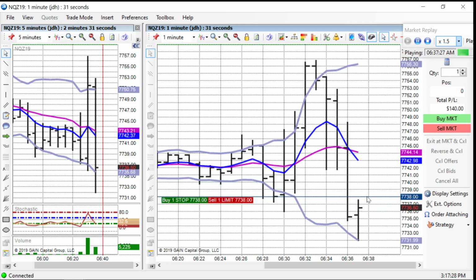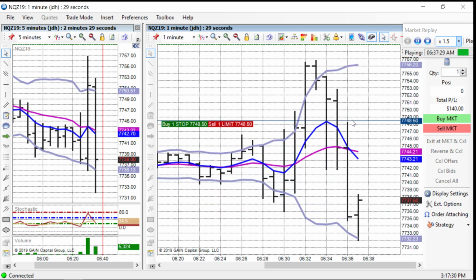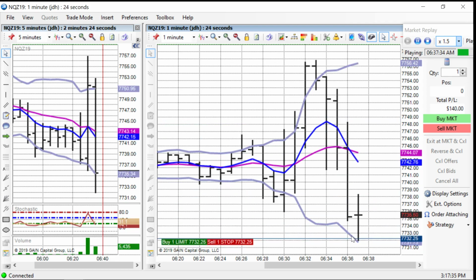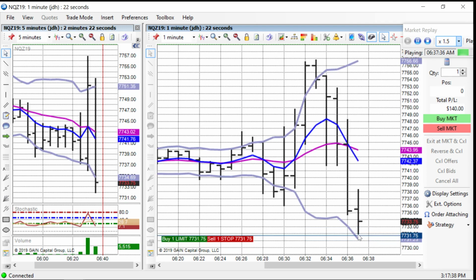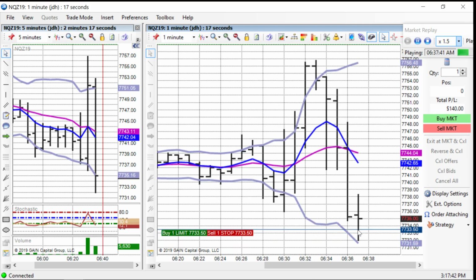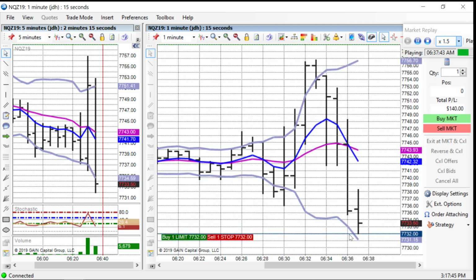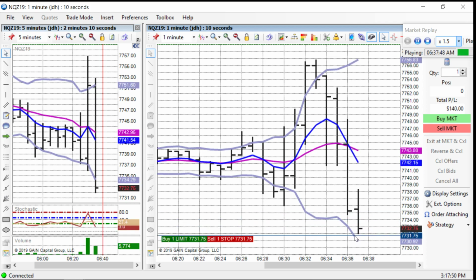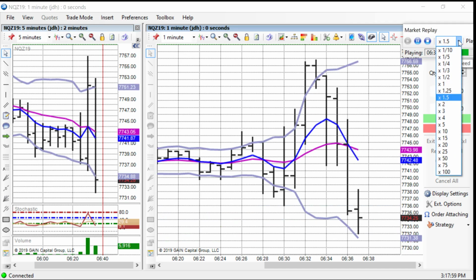So I could trail the stop loss behind the low of the previous bar, or get out when it hits the Bollinger Band, because it's most likely to bounce at that point, because Bollinger Bands act like support and resistance even in a trend. I'll just speed it up to the next P3 point here.